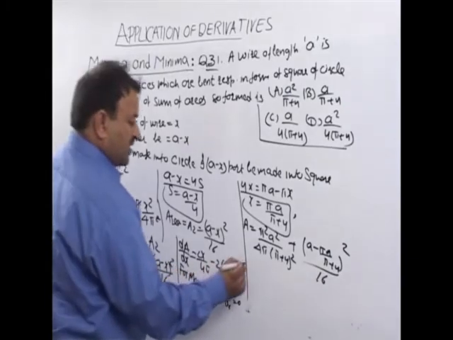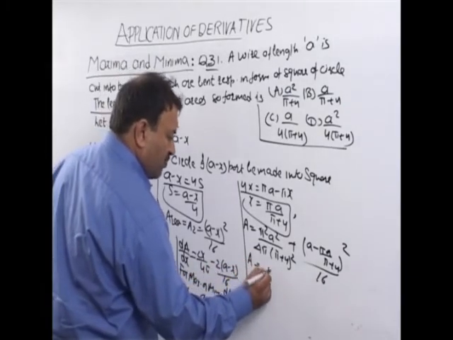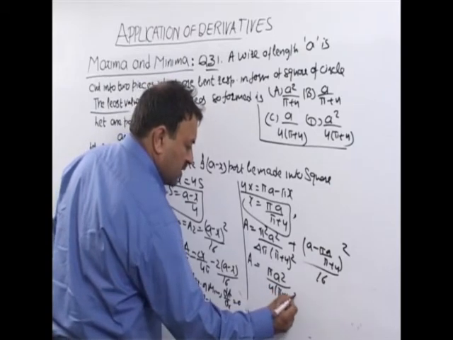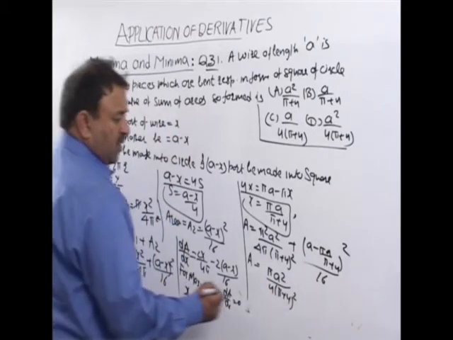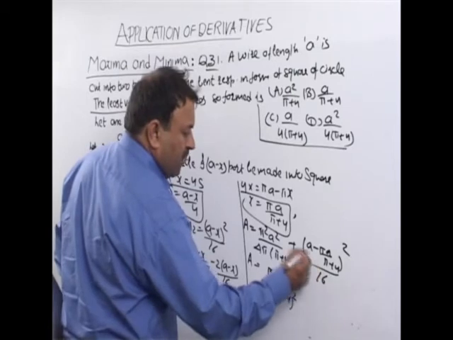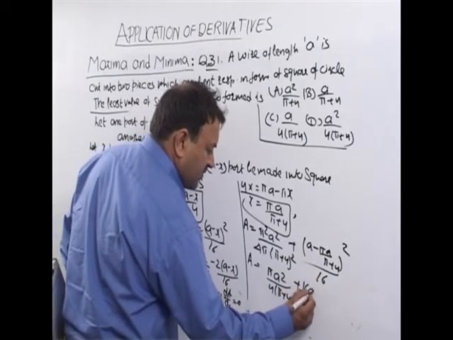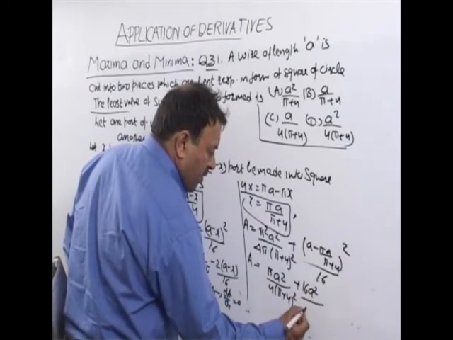This is pi A square upon 4 times pi plus 4 the whole square, plus 16 A square upon 16.